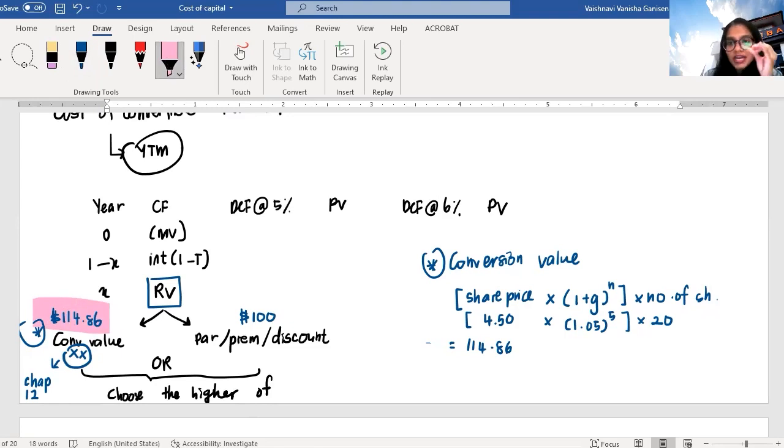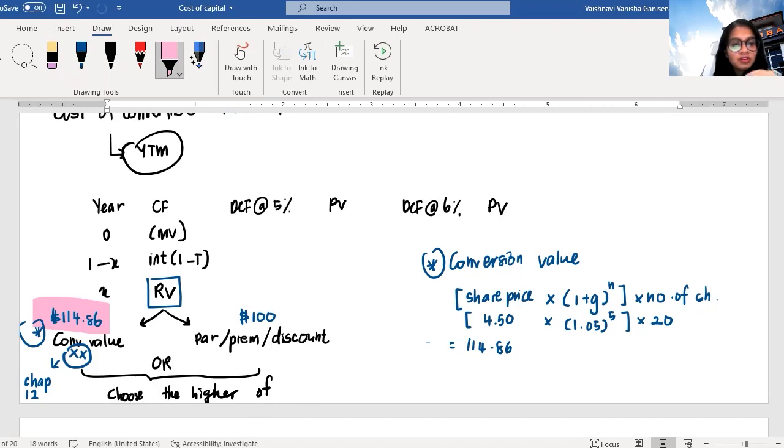Okay, so guys, please pay attention to all these little figures, these little things that are different from one another. There isn't a major difference actually. The only difference is in the redemption value.